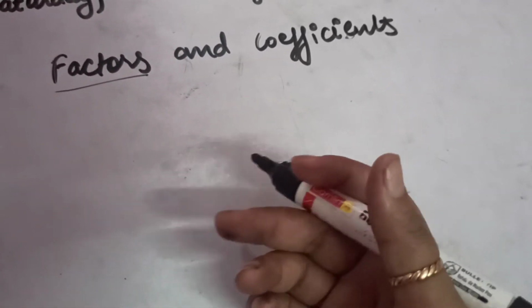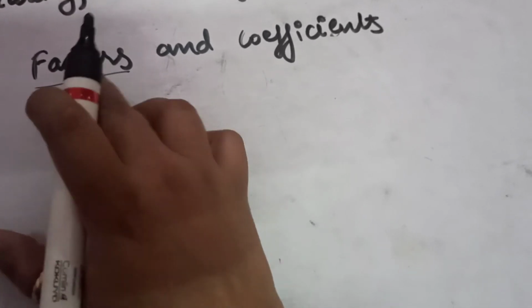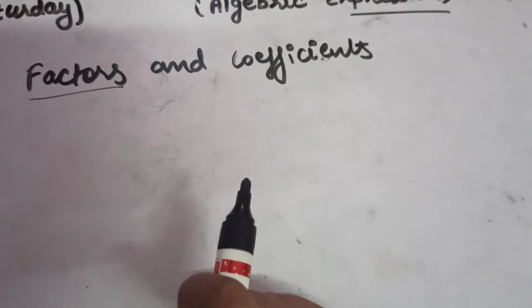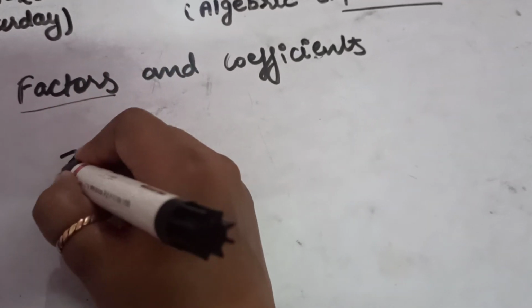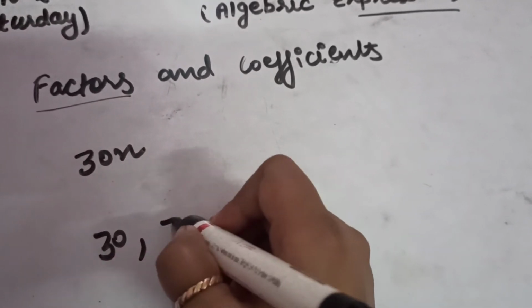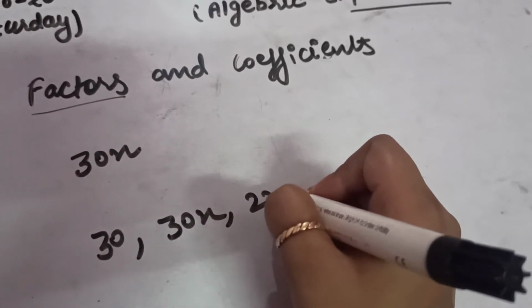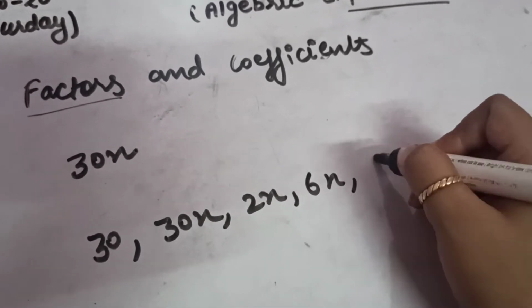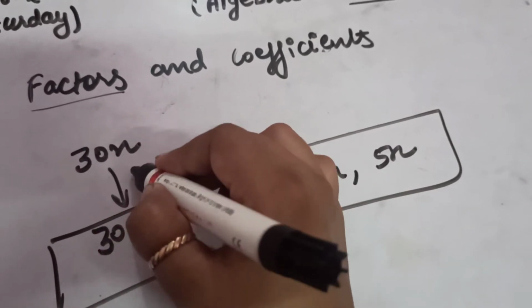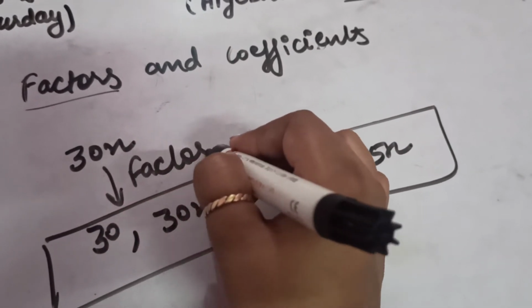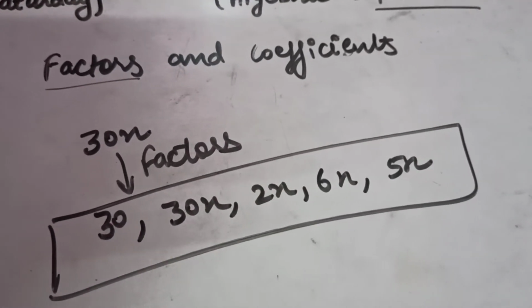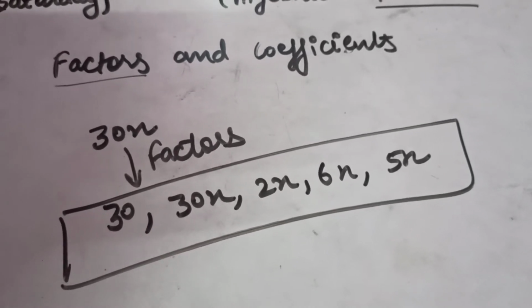Same as the meaning of factor in HCF and LCM. Factors are the numbers which divide the expression completely. Like this 30x. So it can be divided by 30, by 30x, by 2x, by 6x, by 5x, right? So these are the factors of this. Clear, students? Factor means a term that divides an algebraic expression completely.